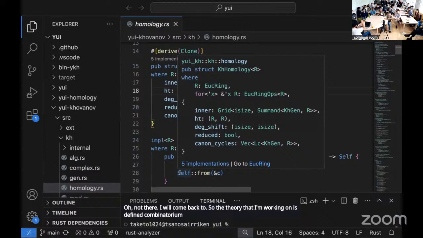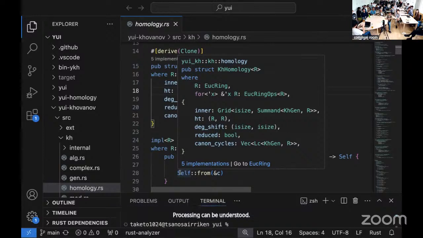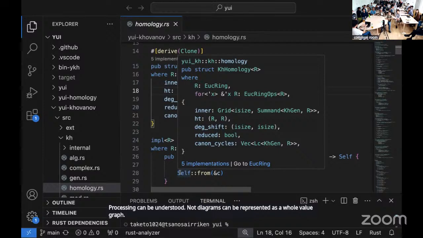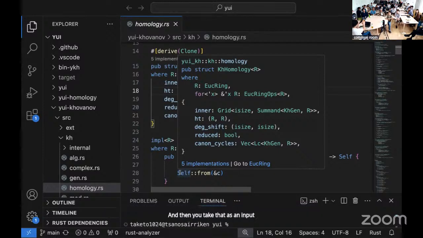A knot diagram can be expressed as a four-valent graph: a crossing can be understood as a vertex, and the edges coming out of that crossing can be understood as edges. So knot diagrams can be represented as four-valent graphs, you take that as an input, and then you do those combinatorial definitions inside the computer.